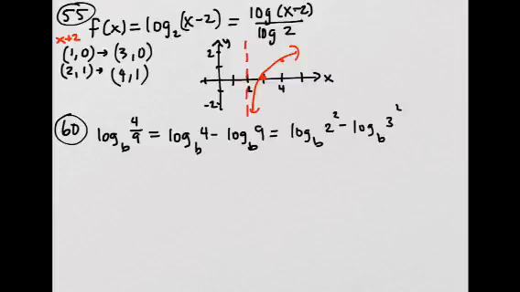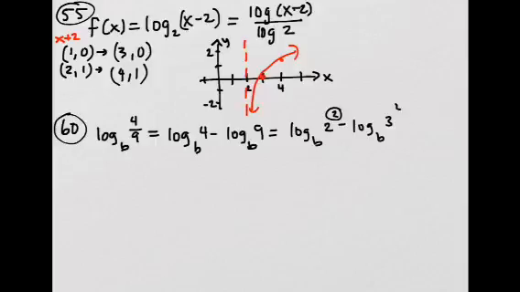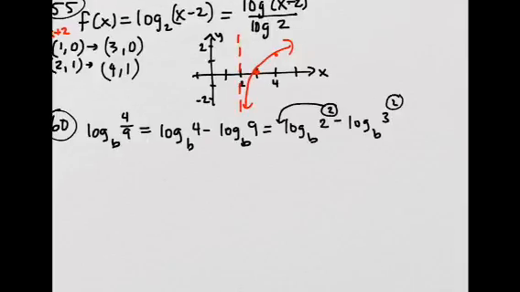The only reason I'm doing this is because, remember, I could only use the 2, the 3, and the 5. They don't want to see a 4 or a 9. So these exponents become coefficients of their logs. It becomes 2 times log base b of 2 minus 2 times log base b of 3.